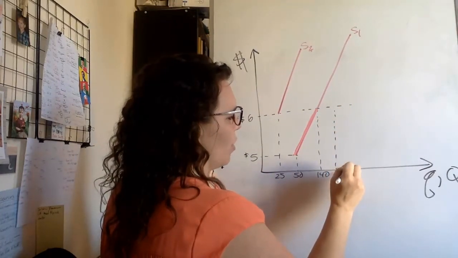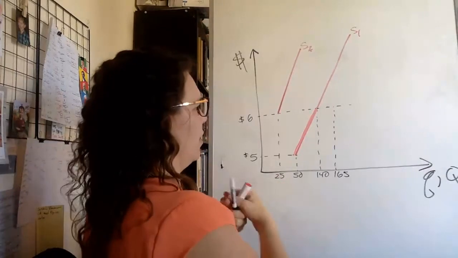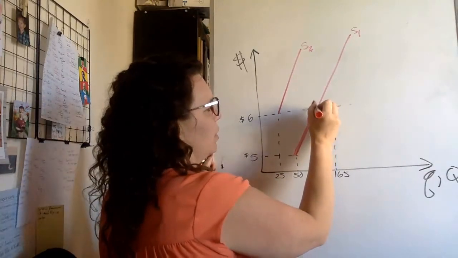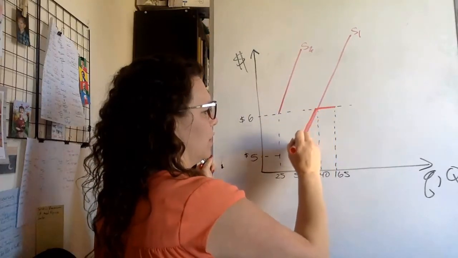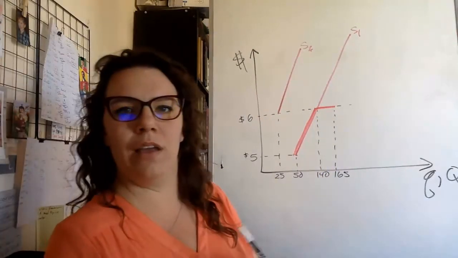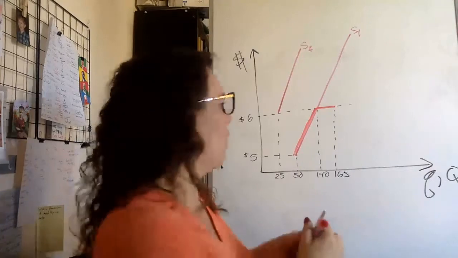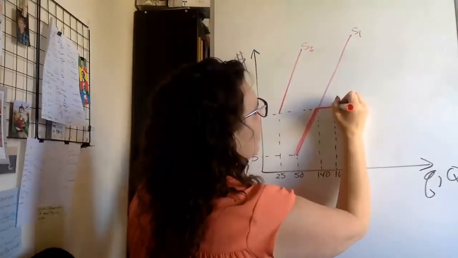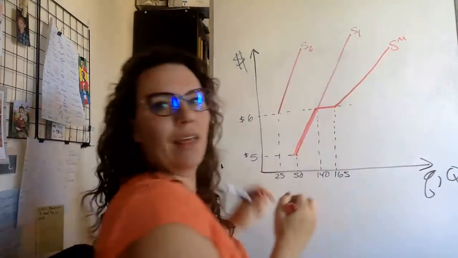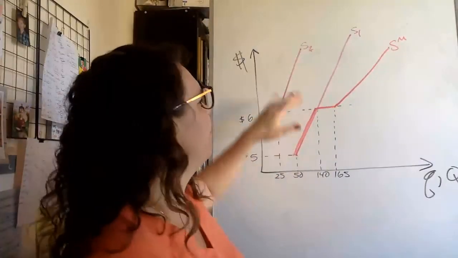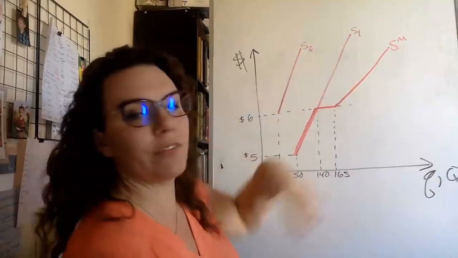That takes us to a quantity of 165. So the supply curve goes like that. Do you see? From that point on, we now have a much flatter supply curve, and that's that market supply in the short run, and that's a function of the 2 supply curves combined.